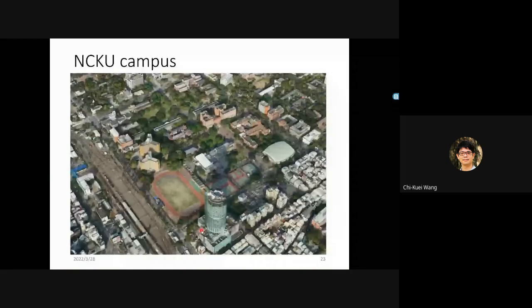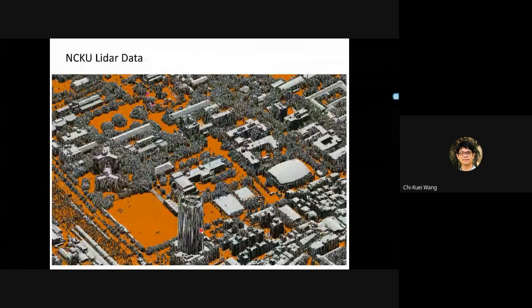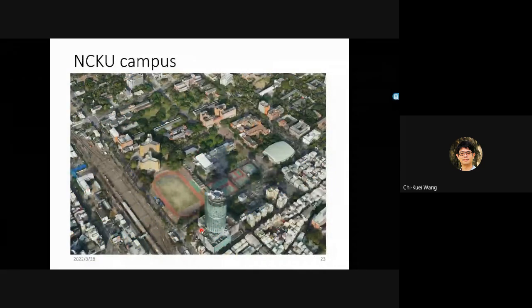Here I'd like to give you a direct comparison of LiDAR versus photo. This is an aerial photo. This is a 3D model with the photo meshed onto it.